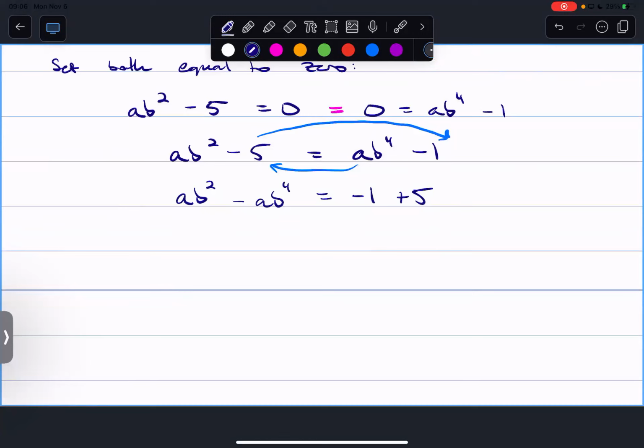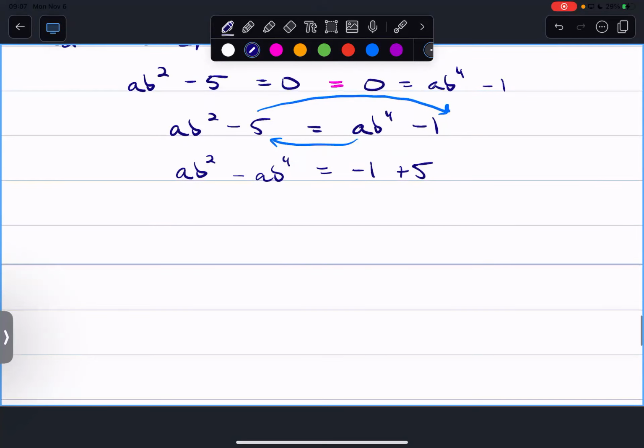Now I have, how do I want to do this? I'd probably pull out a common A. So I could have A times b squared minus b to the power of 4 is 4. So now I could rewrite this as A is 4 divided by b squared minus b to the 4.